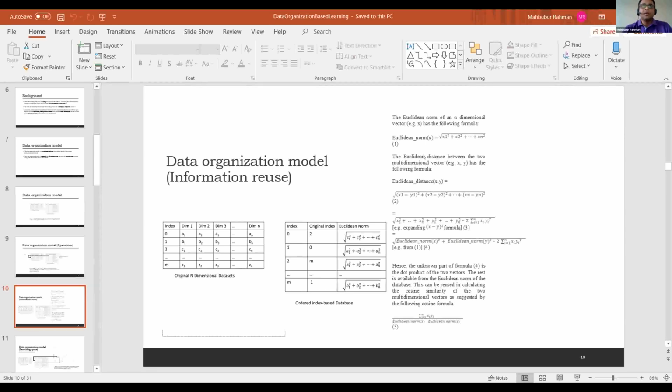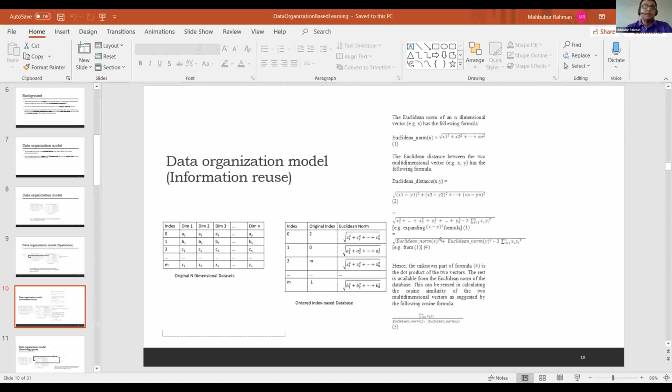The Euclidean norm, we know, has this form of equation that is given in equation 1. Then the Euclidean distance between two multidimensional vectors has this formula, formula number 2, and this Euclidean distance can be expanded using the (x minus y) whole square formula.